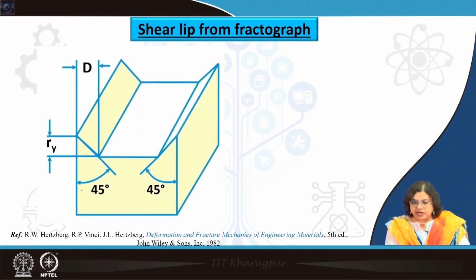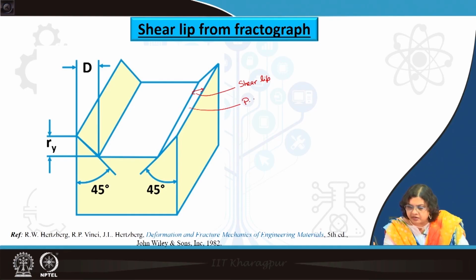This is a schematic of a fracture surface, as we have seen. Essentially this is the part where we have the shear lip, or plane stress, and this is the part where we have plane strain.